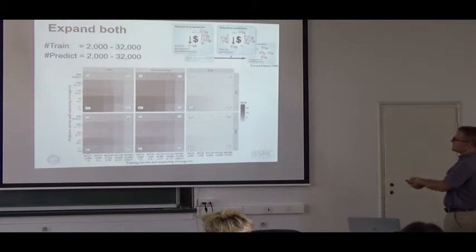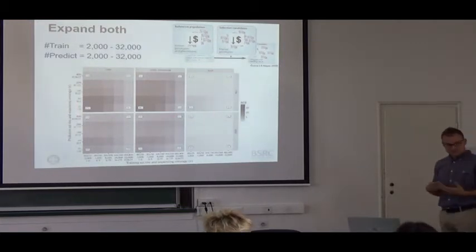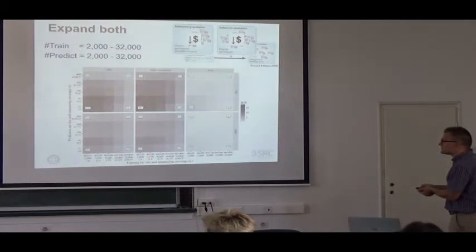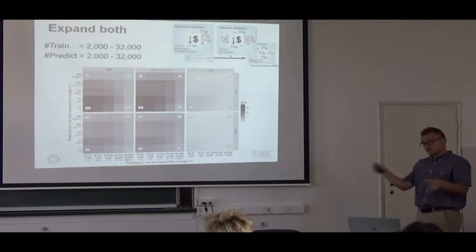Then I have SNP array, GBS imputed and GBS not imputed. Again, GBS data is darker than SNP array data, so GBS tends to be cheaper, and GBS imputed seems to be the cheapest. The optimum seems to be to do 4,000 individuals in training and 50 individuals within each family of those 8.